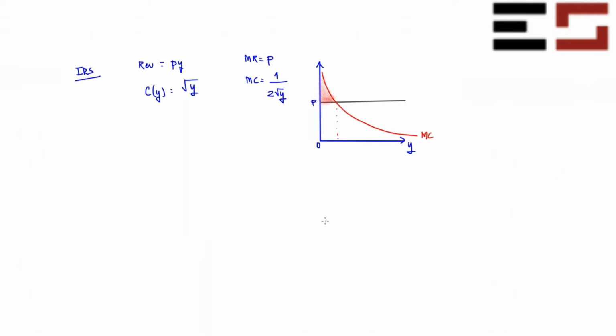You are making a loss, maximum loss. This is not total revenue, total cost. This is where you end up maximizing this area, the difference between the total revenue and the total cost. This is where you'll be maximizing losses. Is that clear? It's not break even.